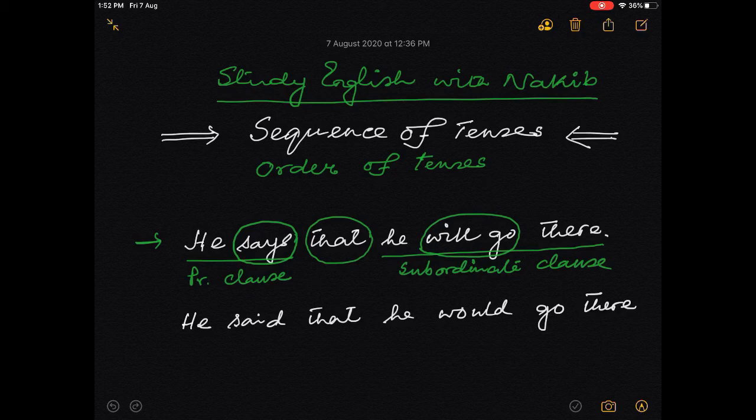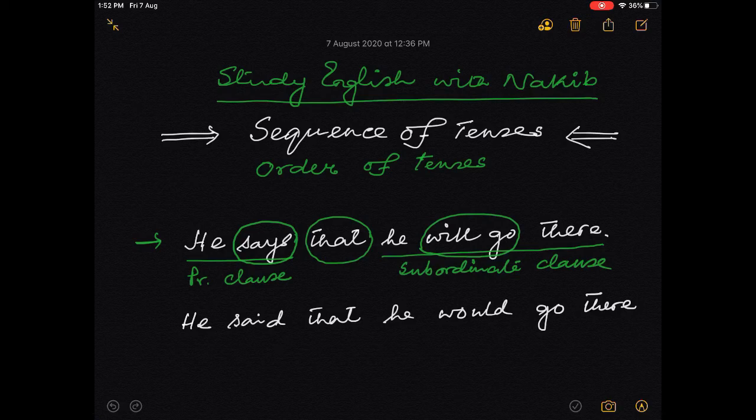So, to understand the order of the tenses, you have to understand the concept of a complex sentence. I have taken here one sentence for the explanation of the sequence of tenses. The sentence is, he says, this is one part, and he will go there, another part.